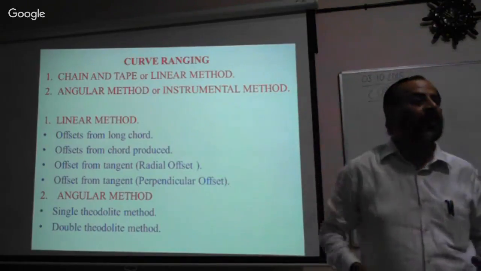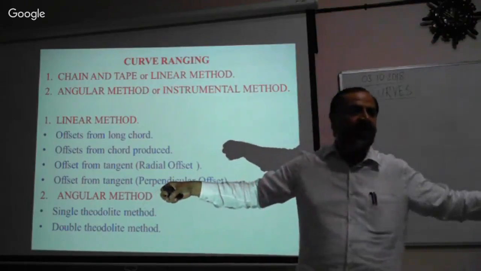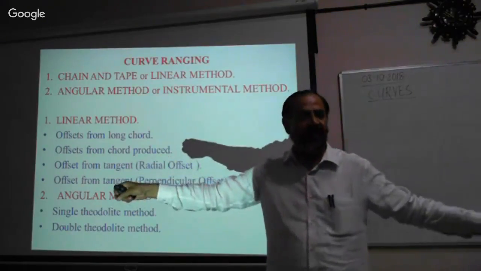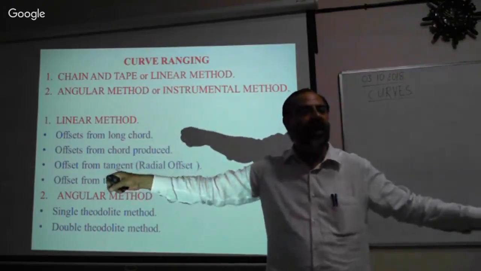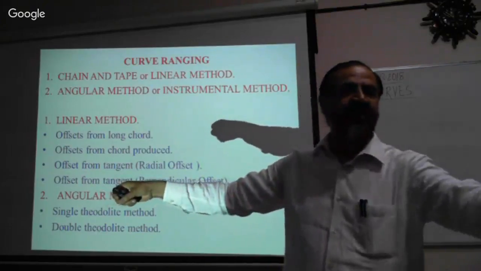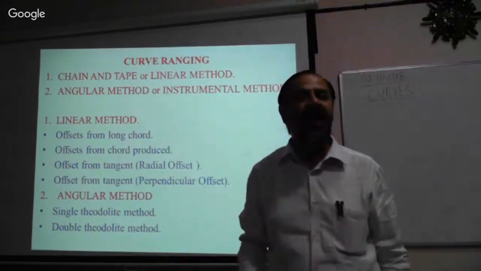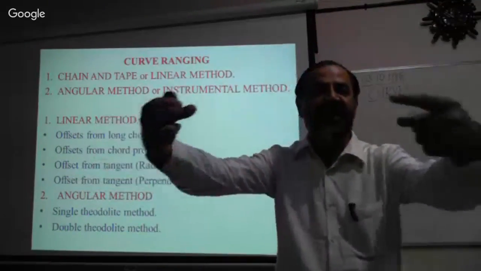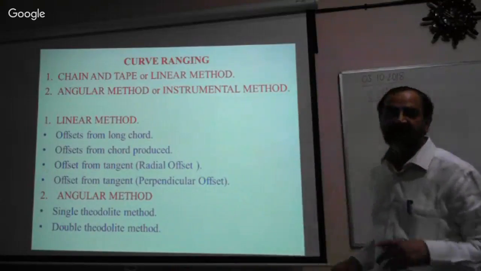Therefore, we decide on T1 as one point and T2 as another point. From there we install one theodolite at T1 and another theodolite at T2. Then we keep moving and arranging the locations of the points on the curve, and then we meet, which gives us the curve. That is the double theodolite method.